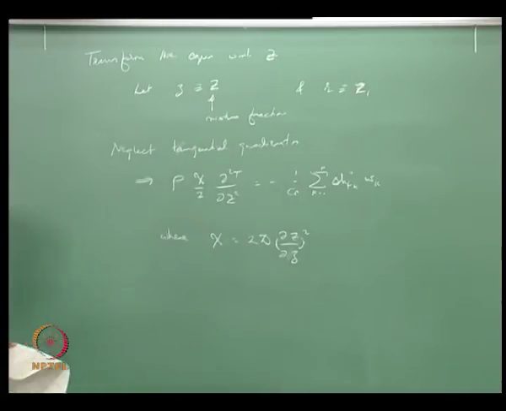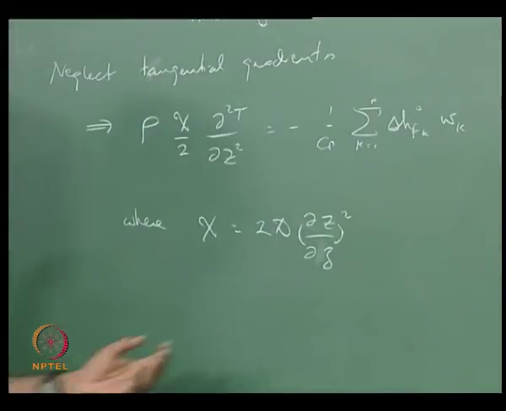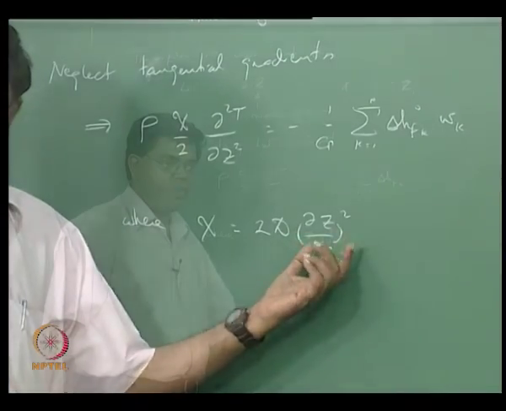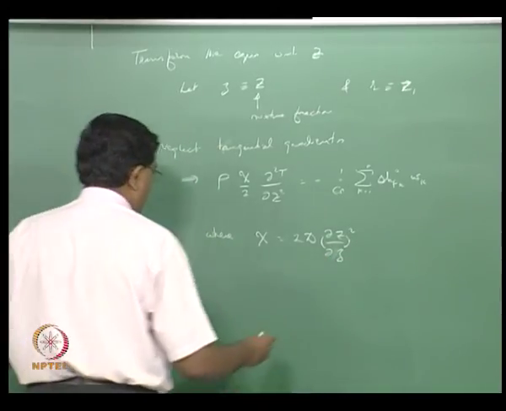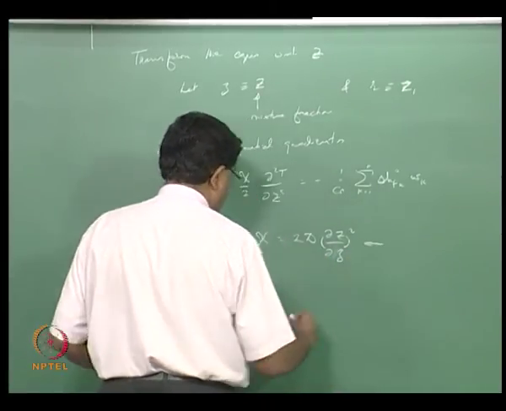Okay. In general, in 3D you could actually have this as gradient Z squared, and this is basically what is called the scalar dissipation rate.